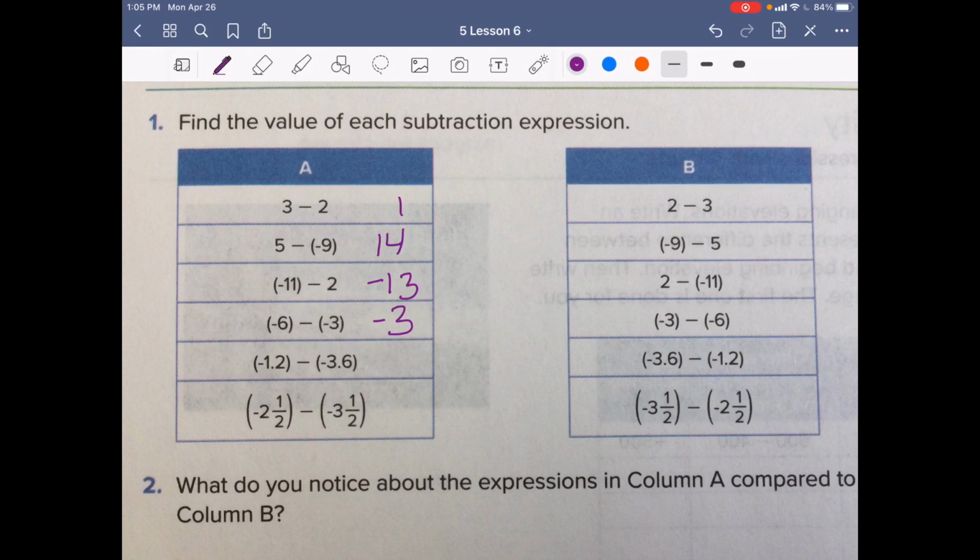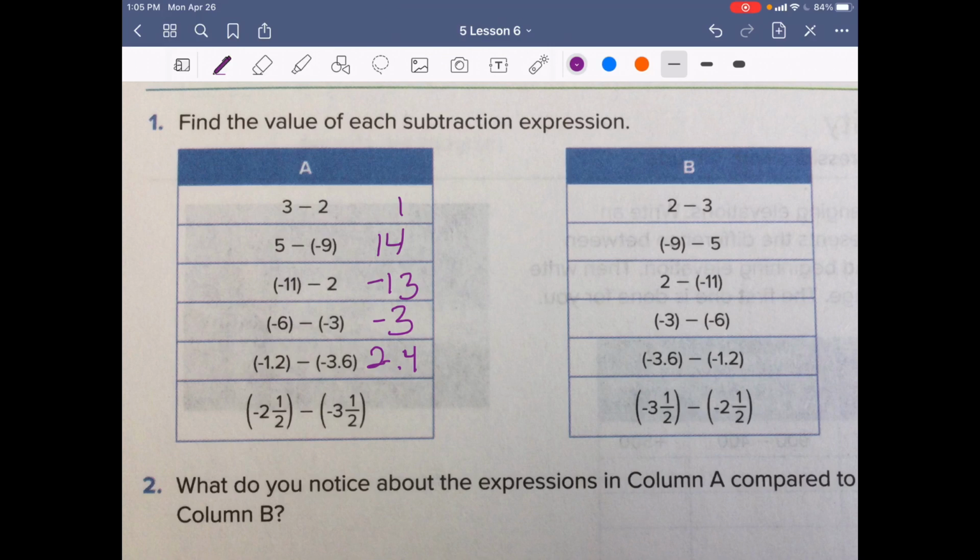Negative 1.2 minus negative 3.6, so we're going to add. 6 minus 2 is 4. 3 minus 1 is 2. This would be positive 2.4.